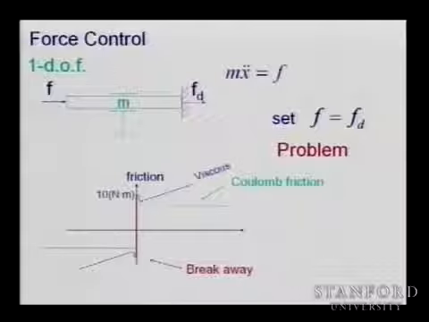As long as your desired force is within the breakaway friction, you're not going to move. Your force will not get the robot to move beyond that friction. Then you have also continuous Coulomb friction, and you have the viscous friction. So it is really difficult to do accurate force control.